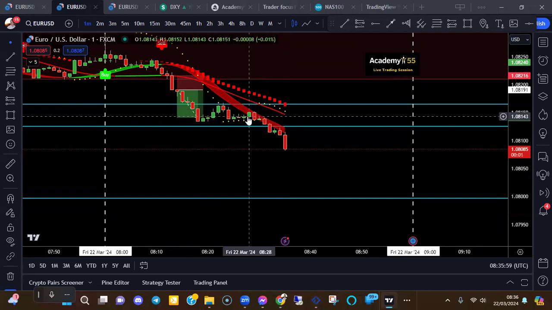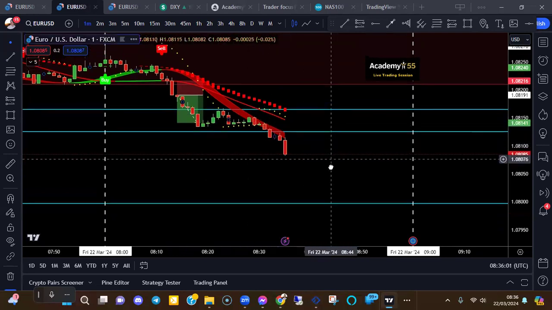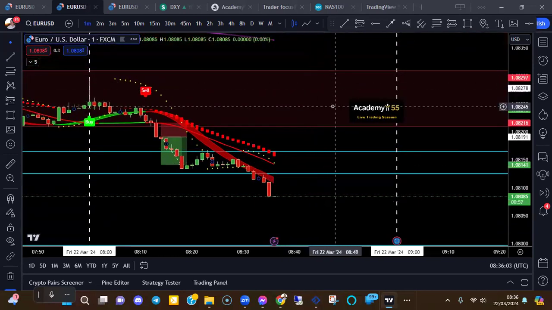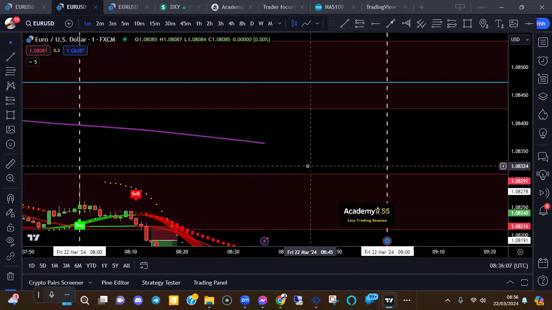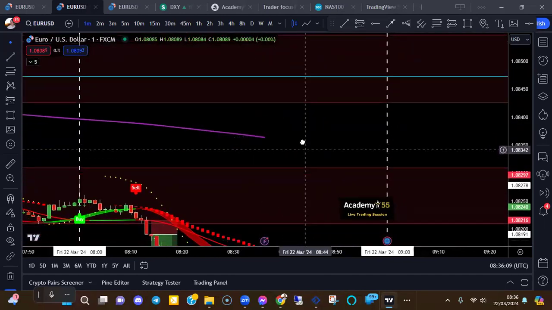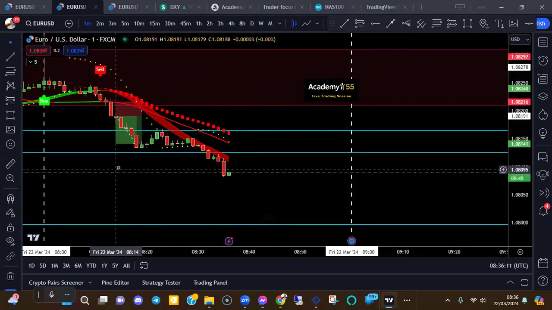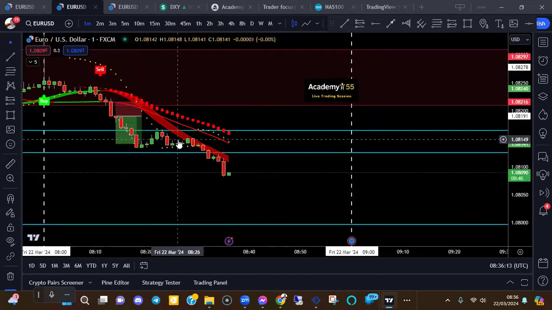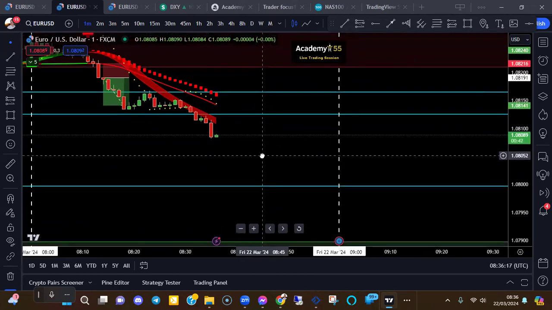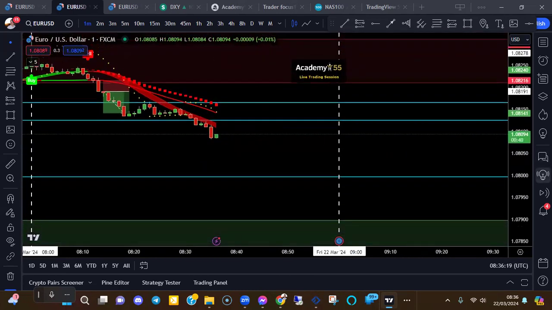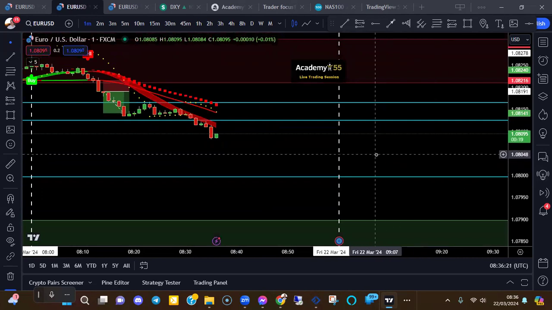It could have been resting to say, right, where's the volume to fill out these imbalances up here and here, and get back to our favorite place, the purple line. But in this scenario, they just took a breather to carry on with the volume down. But like I said, we're not to know that at the time.